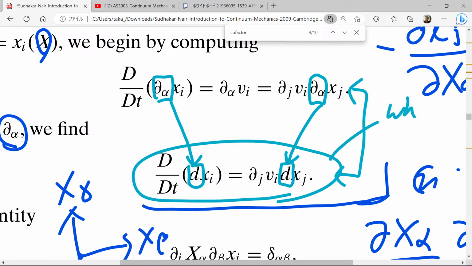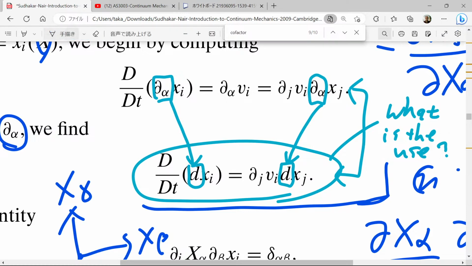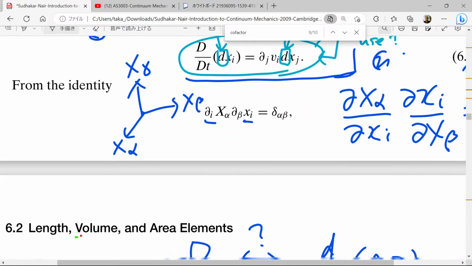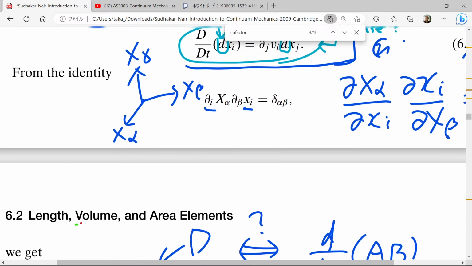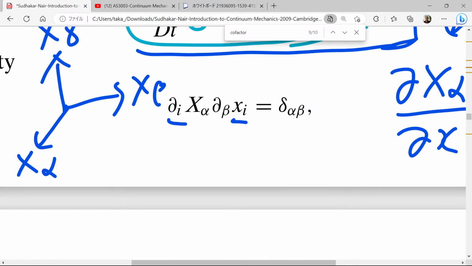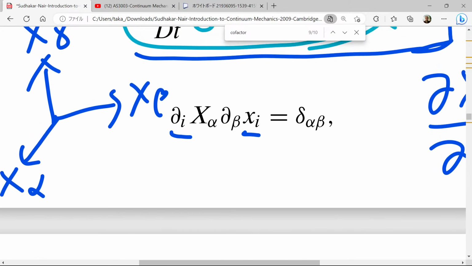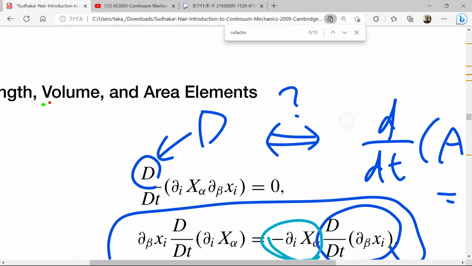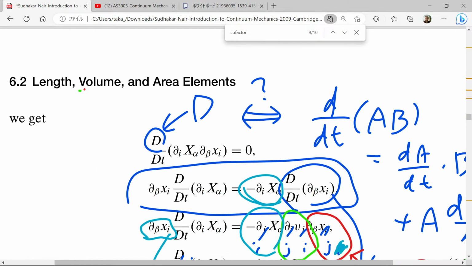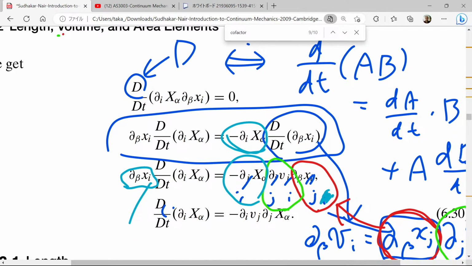What is the use? It's very strange. Then we don't use this anymore. Then we start from some identity like this. Then we make a strange deformation.